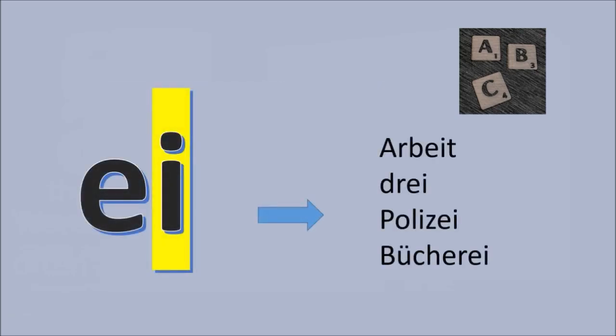And now we've got the two letters the other way around, not IE, but EI. And again, a tip for native English speakers, it's the I, the English I pronunciation. Arbeit, drei, Polizei, Bücherei.